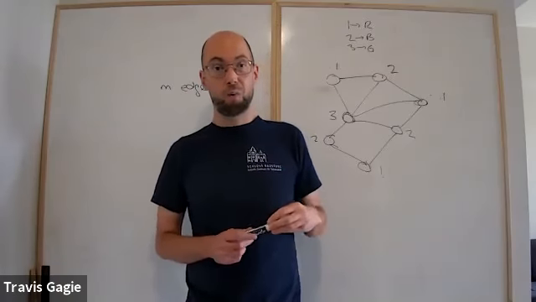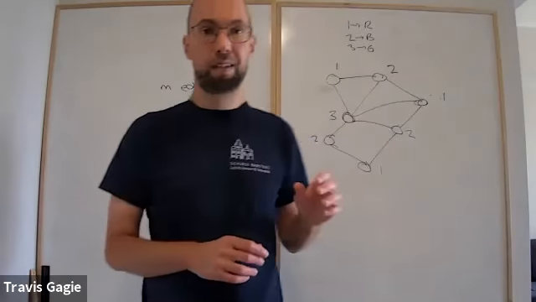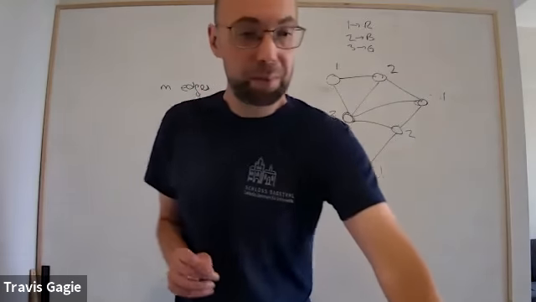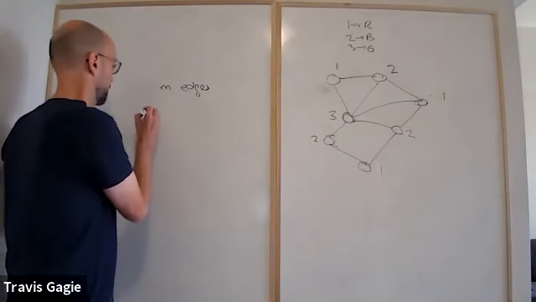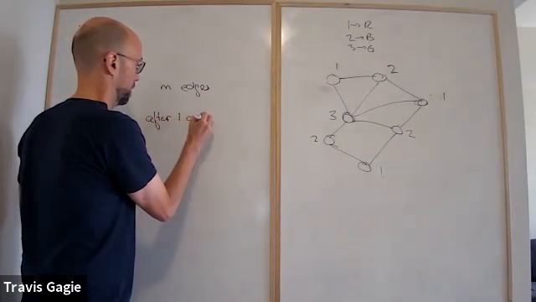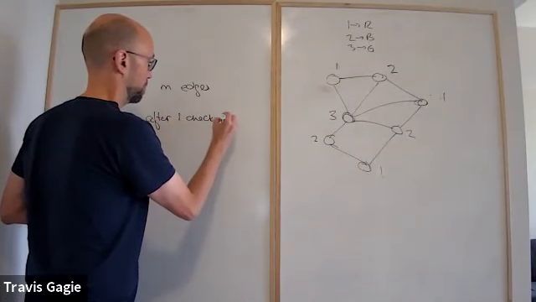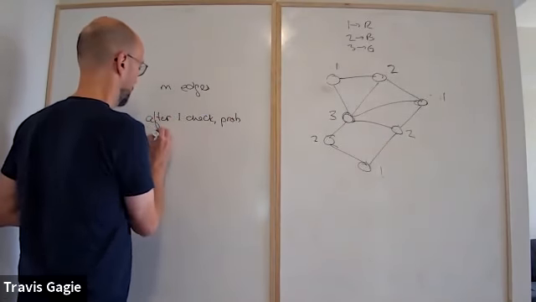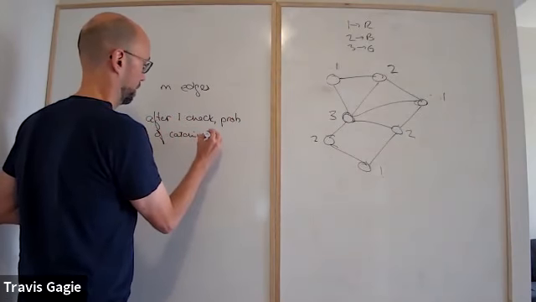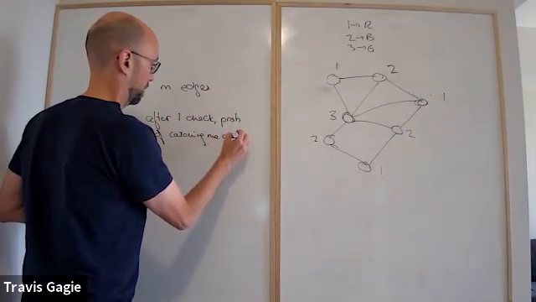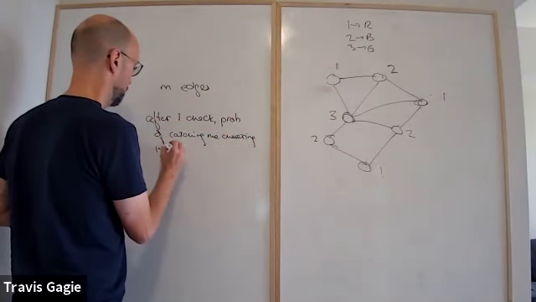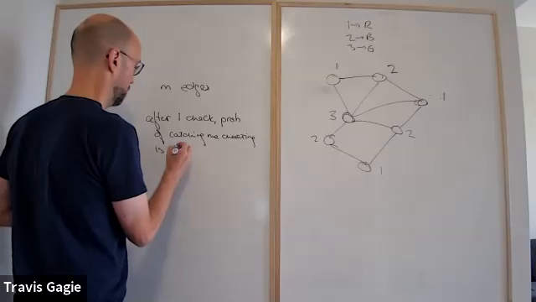Instead, what I do: you've checked one edge, so the probability of catching me cheating with one check is 1 over m.